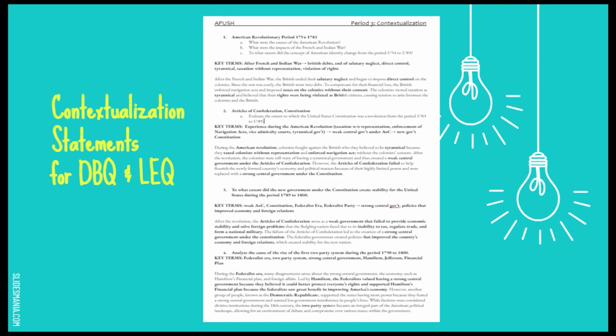And there's something called contextualization statements. You have to write them for both the DBQ and the LEQ for both world and US history. They're not actually very hard to write, but again, everyone has a very different background. So what I do is I like to provide basic contextualization statements that students can use in their essays.